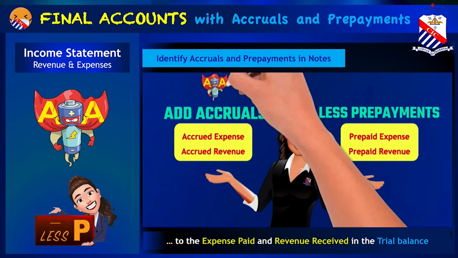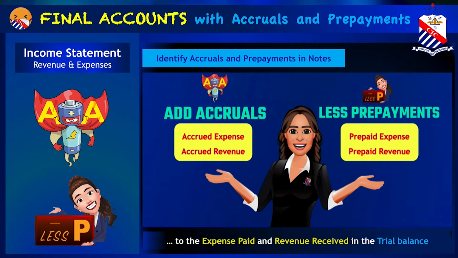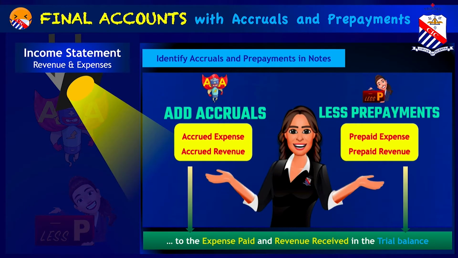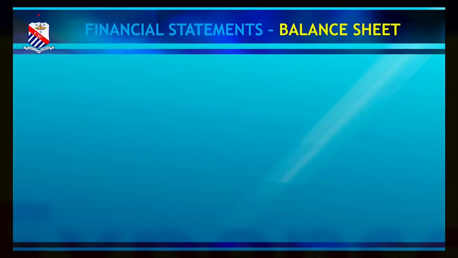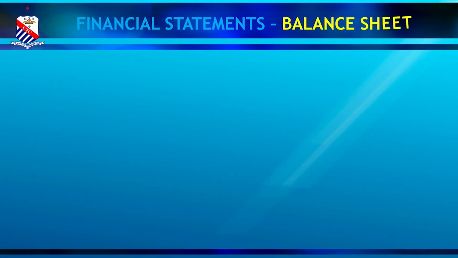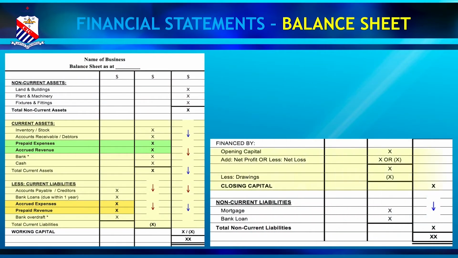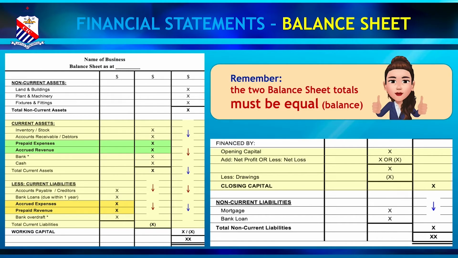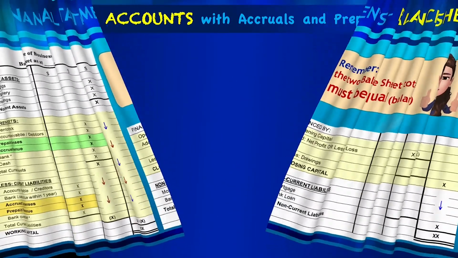So to the expense paid and the revenue received in the trial balance, we add accruals and less prepayments. After we have completed the income statement, we prepare the balance sheet that also has two sections that calculate two totals. Remember, the two totals must be equal for the balance sheet to balance.